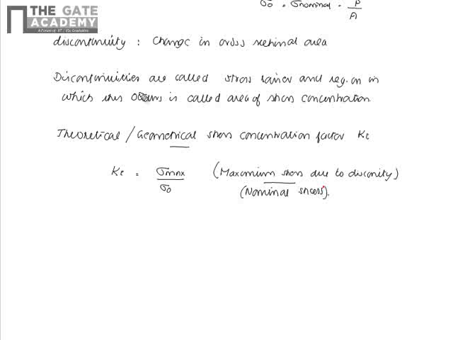This ratio is called the theoretical or geometrical stress concentration factor. Similarly, for the shear stress also, the theoretical stress concentration factor can be given as tau max to tau 0.